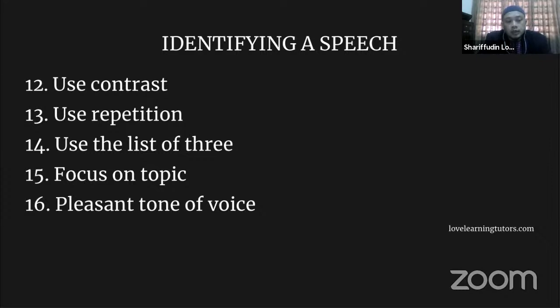So be sure, ataupun have confidence in you that when you are already prepared for the speech that you are going to deliver, you are the only person that knows what is in your speech. Orang lain tak tahu.